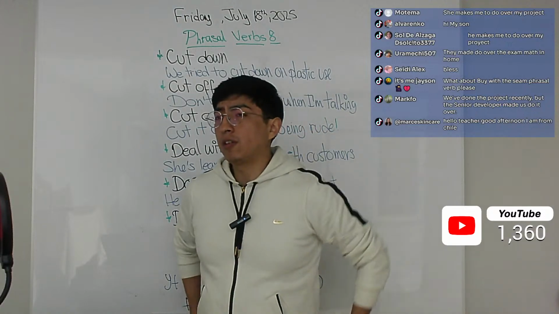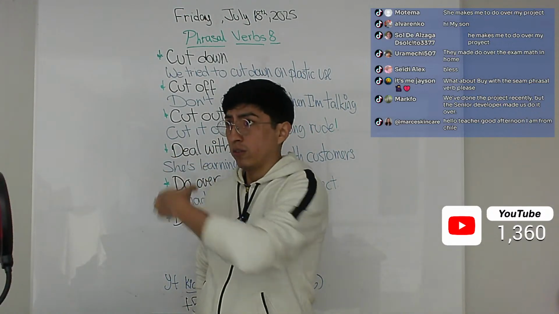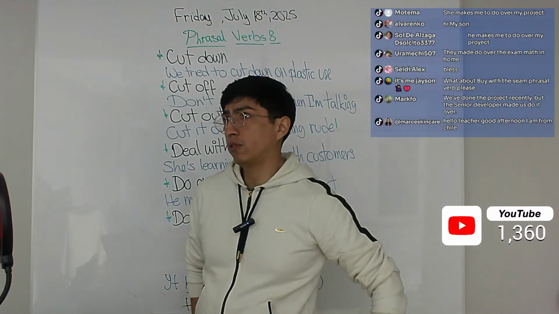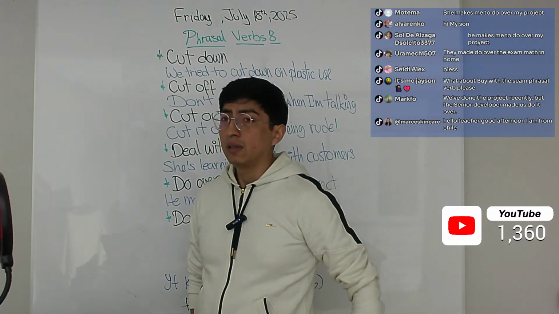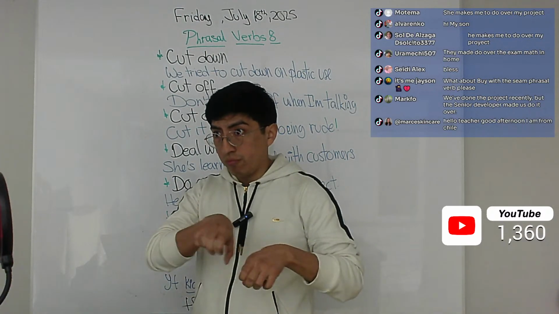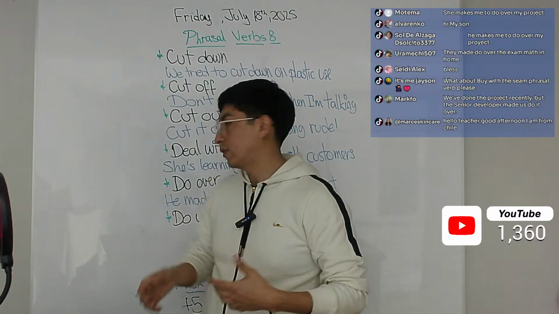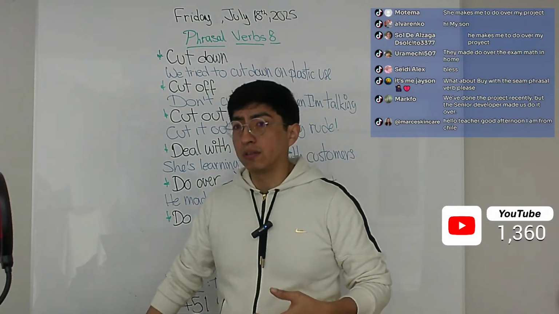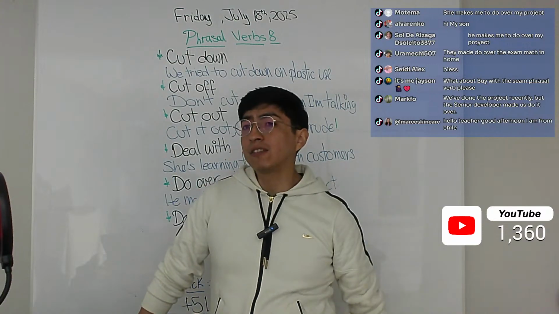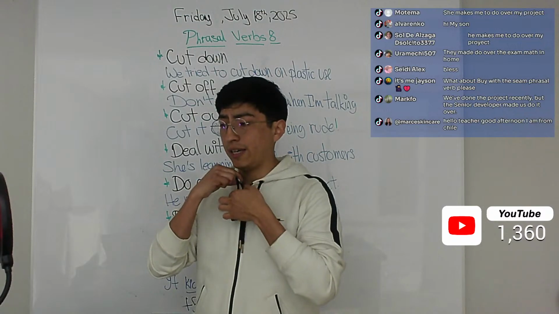For example, if you are wearing a seat belt, you have to buckle up, and maybe you didn't notice that it didn't buckle correctly. So you can say, hey, do it up, please. You have to fasten it again.